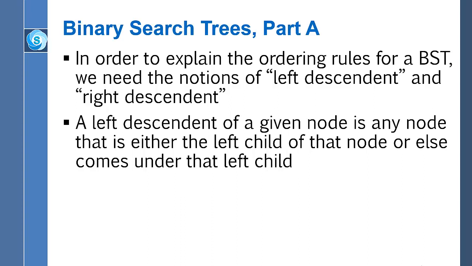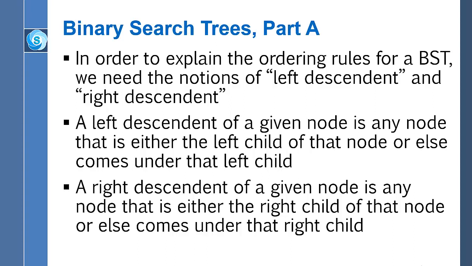Think of the given node here as the node at the top. It has a left child. That child might itself have child nodes, and those child nodes might have other child nodes and so forth. All of those would be left descendants of the original node.